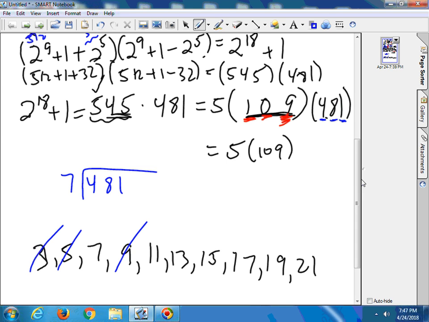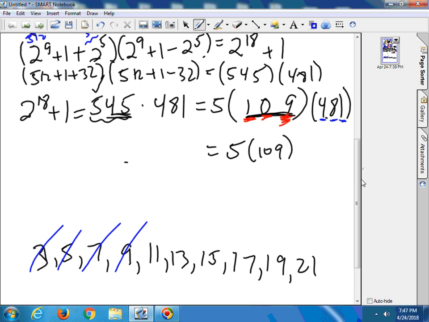There are rules for 7 and 11, but personally, I just like to work it out. 7 times 6 is 42 with 6 left over. 7 doesn't go into 61 evenly. What about 11? Does 11 go into 481? Well, 11 times 4 is 44 with 4 left over. 11 doesn't go into 41.